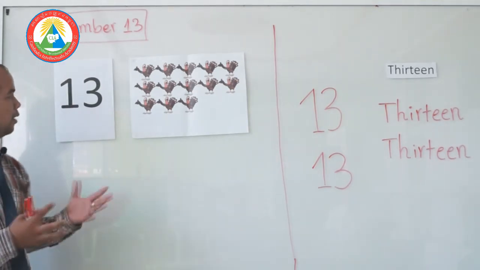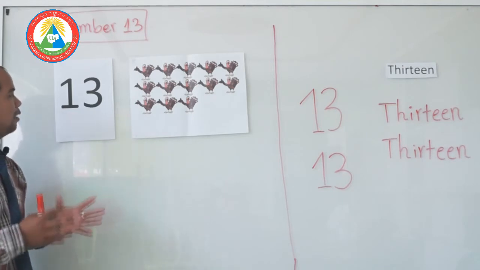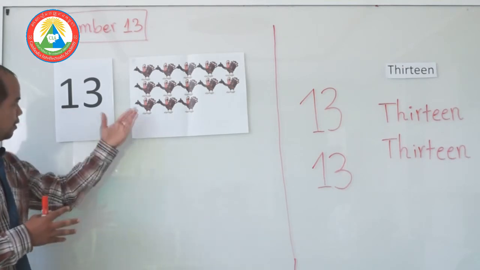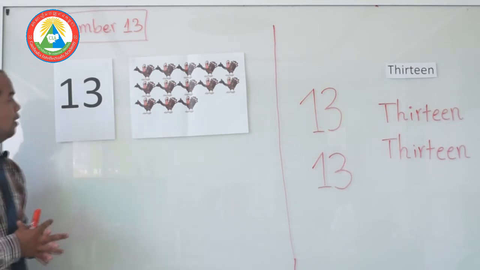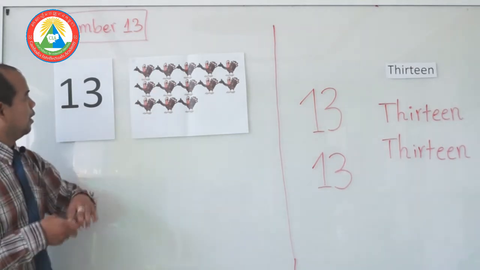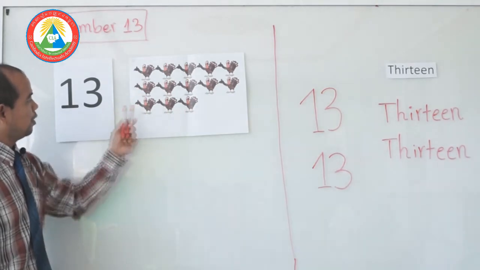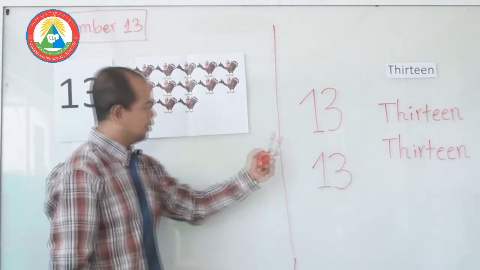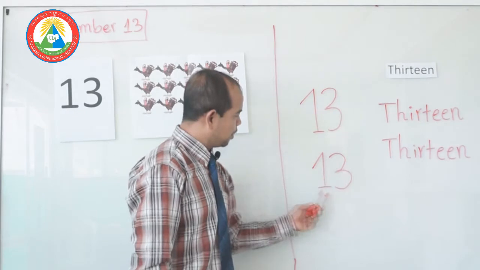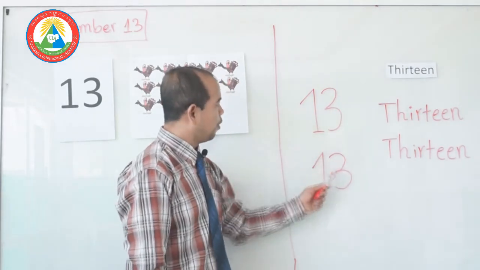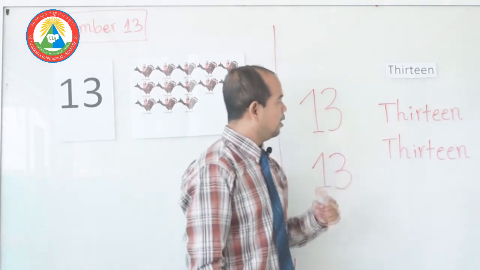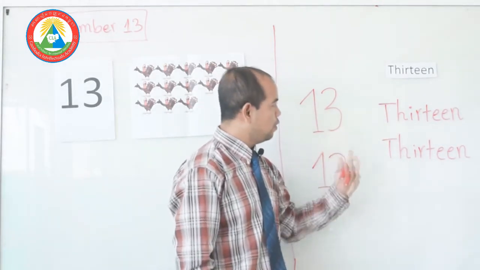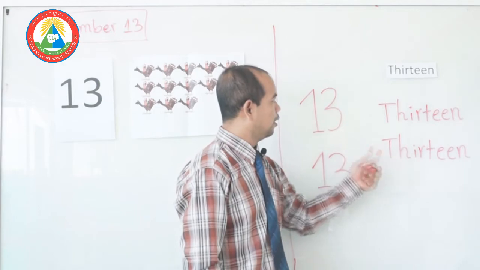In our country we have it too, but I think only some farmers have raised such an animal. So that is the quantity of 13, and I presented how to write number 13 on the board for all of you. And the last point, I guided all of you how to write number 13 as a word.